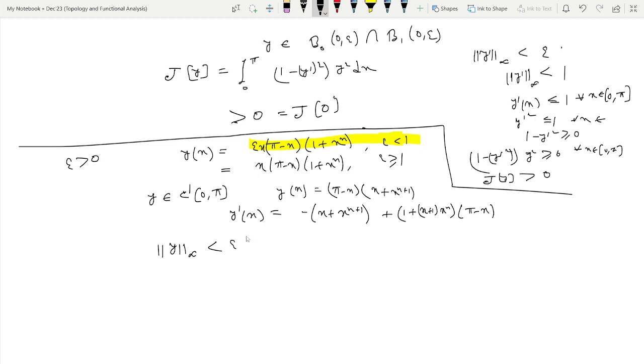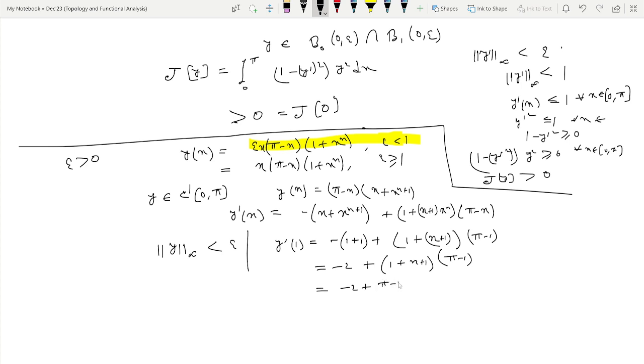And see here, if we take x equal to 1, then what is our y'(x)? That is our y'(1). This is actually minus (1 plus 1) plus (1 plus (n plus 1)) into (pi minus 1). So this is minus 2 plus (pi minus 1) plus (pi minus 1) into (n plus 1).